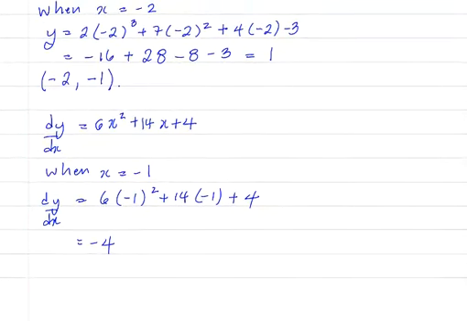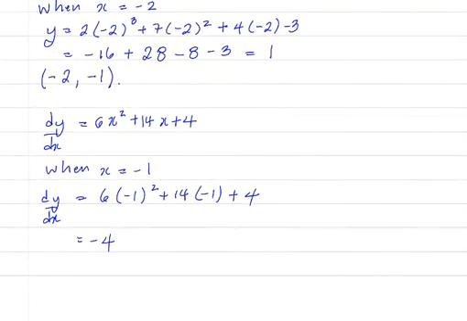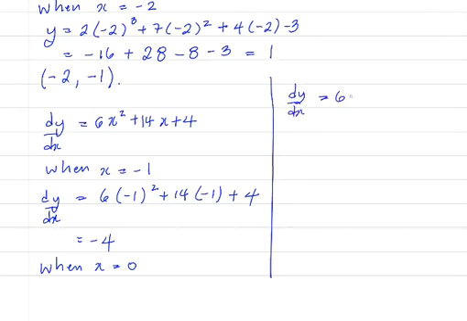Let's have a look at the gradient after the stationary point. When x is equal to, let's say, 0, dy by dx would be equal to 6 times 0 squared plus 14 times 0 plus 4, which is equal to 4, which is positive.